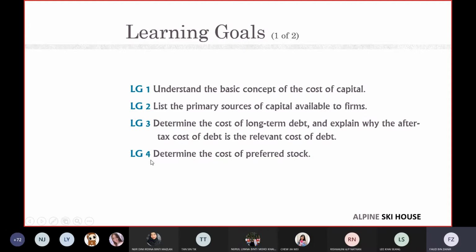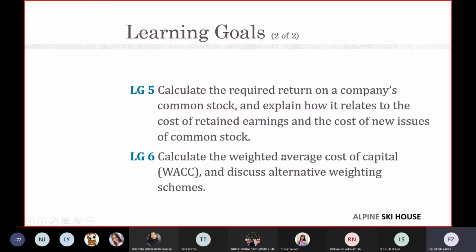Number 4, determine the cost of preferred stock. Number 5, calculate the required return on a company's common stock and explain how it relates to the cost of retained earnings and the cost of new issues of common stock. And number 6, we are going to look at the weighted average cost of capital.